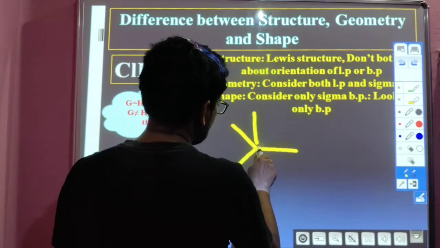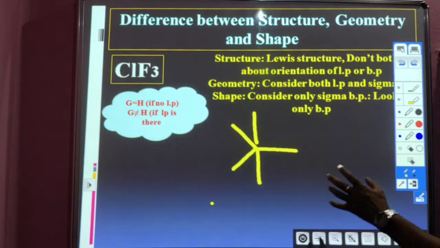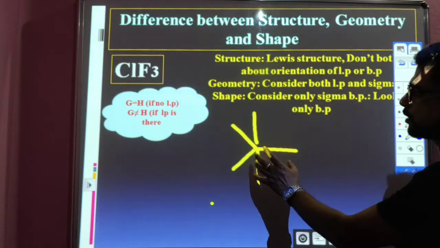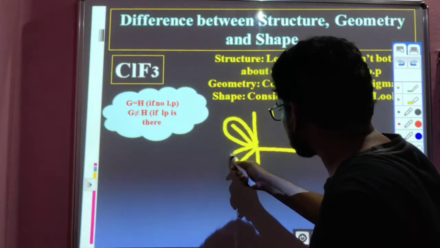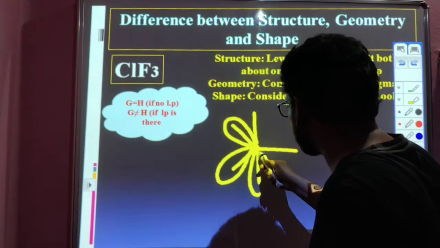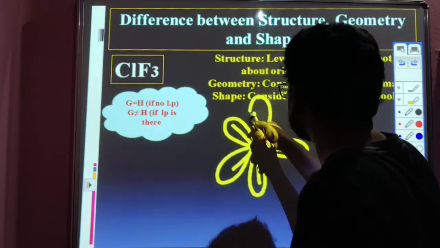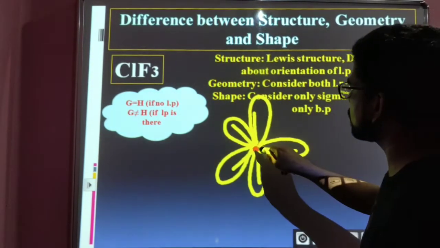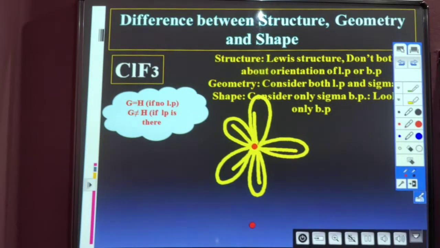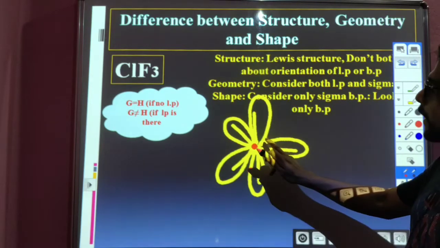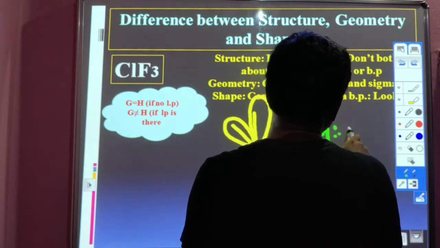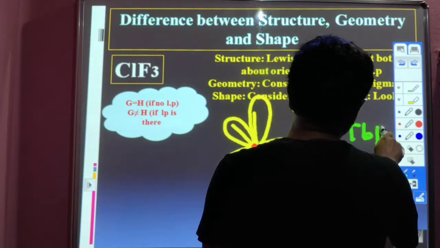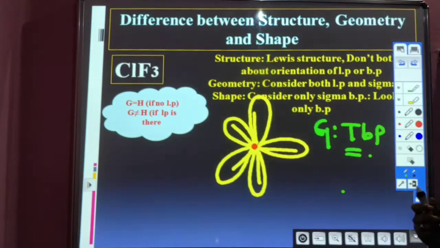It's like this. It means hybrid orbitals are arranged in this fashion, in this orientation: 1, 2, 3, 4, 5. This is the central atom. So in this case, the geometry for ClF3 will be trigonal bipyramidal.